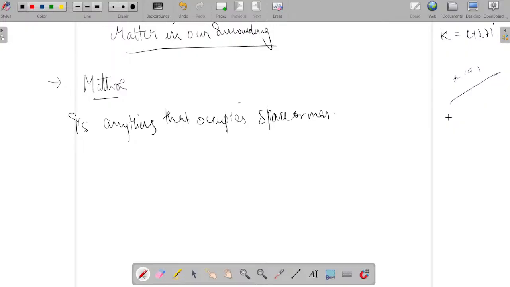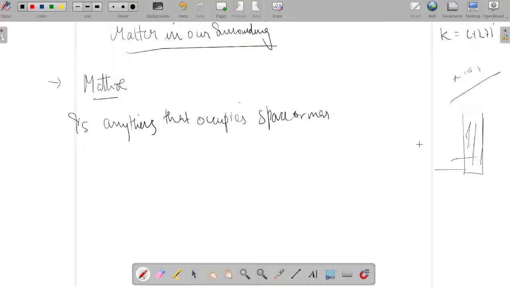If this is a water bottle with water filled inside, then mass and space are occupied by matter. It exists in the form of five basic elements, the Panch Tattva. We always say air, earth, fire, sky and water. For example, chair, bed, river, mountain, dog, tree, building, etc.